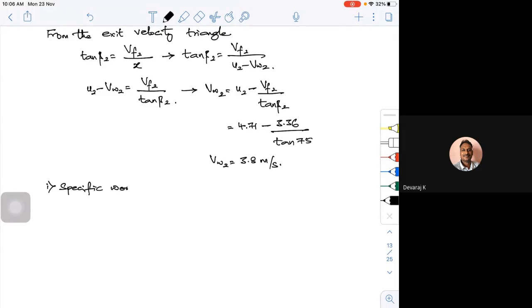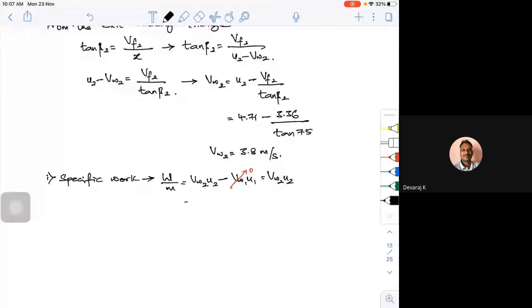Specific work, which is W by M. From the Euler equation, the formula we have already derived, it is VW2 into U2 minus VW1 into U1. As VW1 is equal to 0, I am left with only VW2 into U2. So let us substitute it.